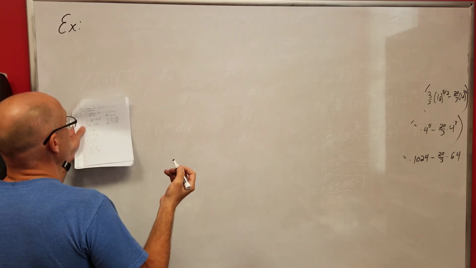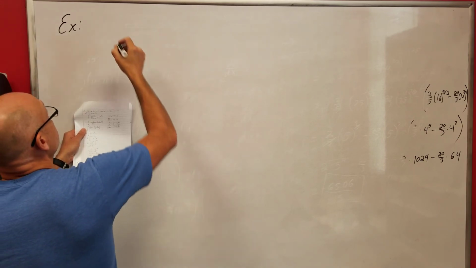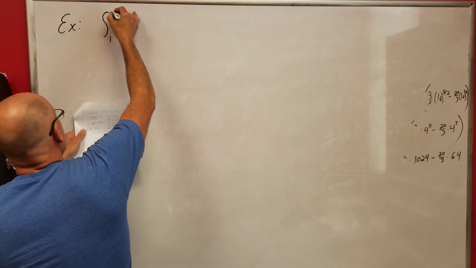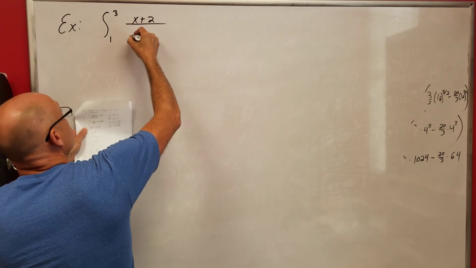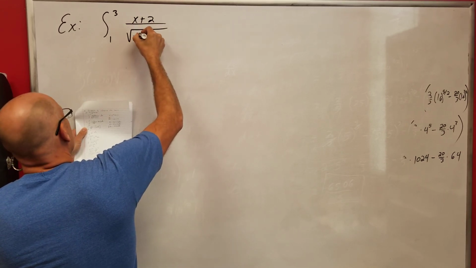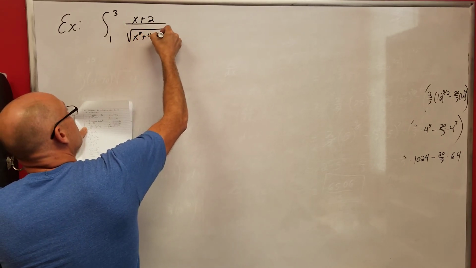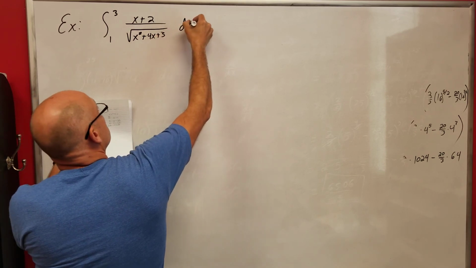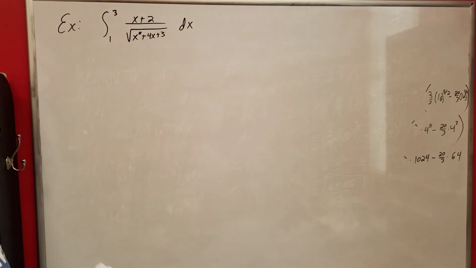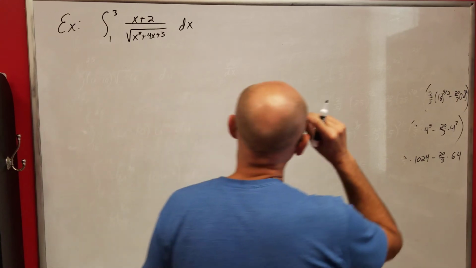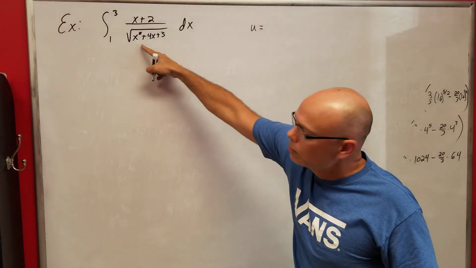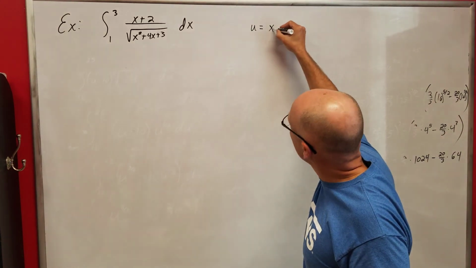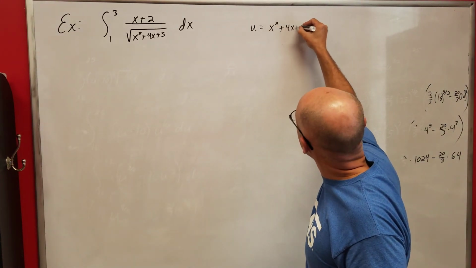All right, this next example says integrate by changing the limits of integration, so what they're going to want us to do is use method 2. Let's see. We have this pretty little problem, right? Let's use the u substitution. I'm going to let u equal what's under the radical, x squared plus 4x plus 3.